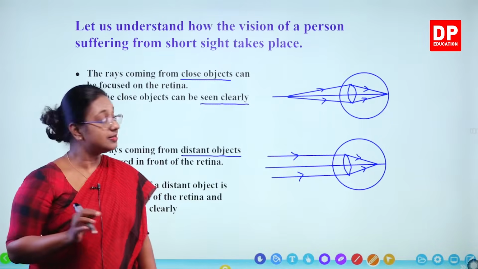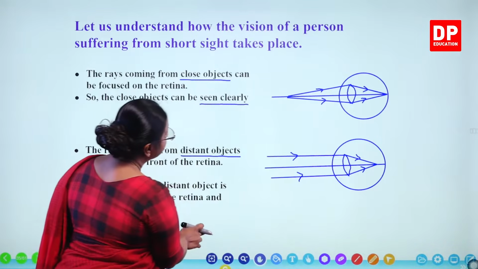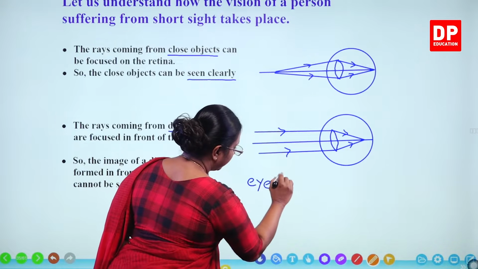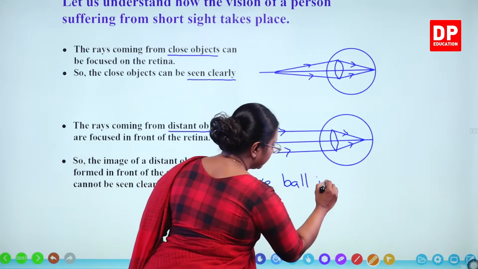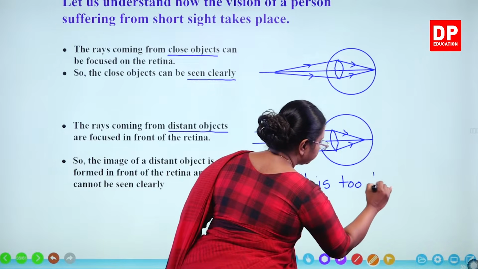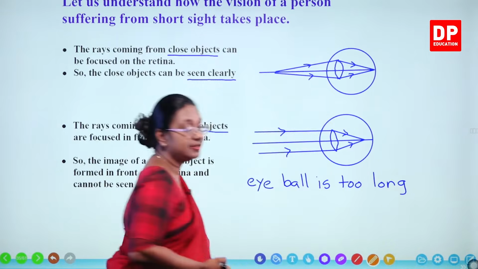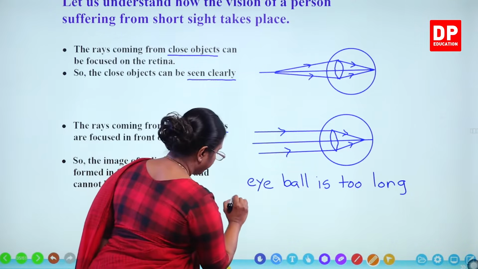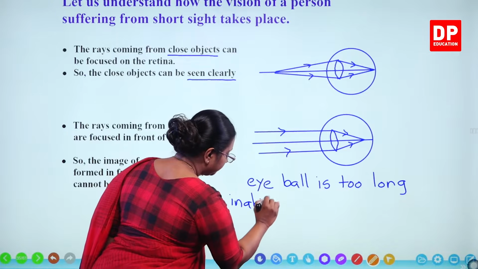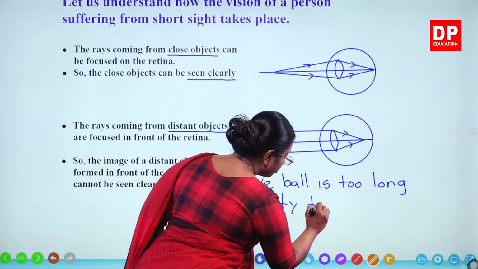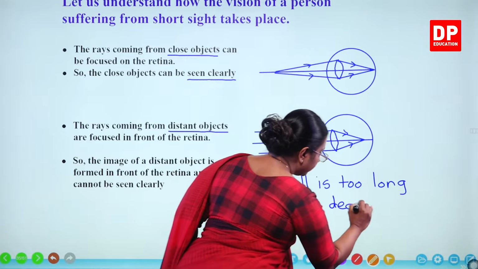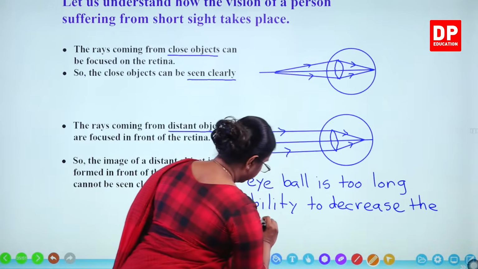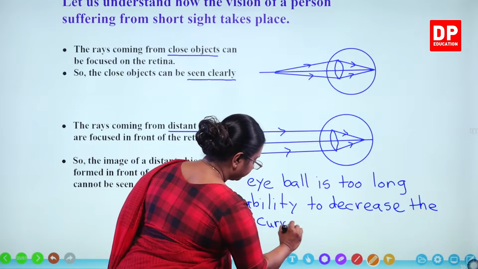What are the reasons? The eyeball can be too long. So one reason, eyeball is too long. What is the other reason? Inability to decrease the curvature of lens.